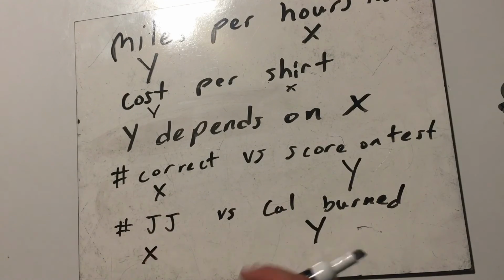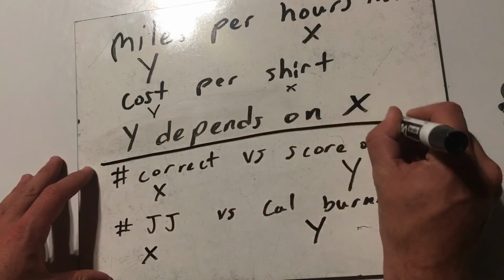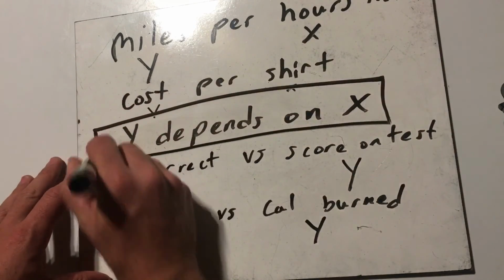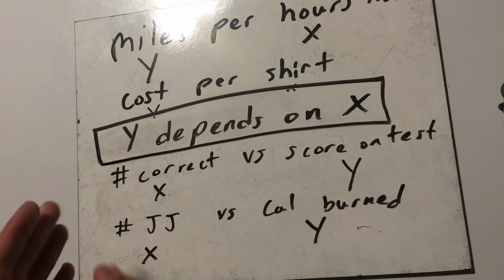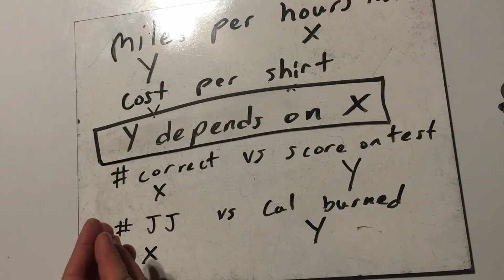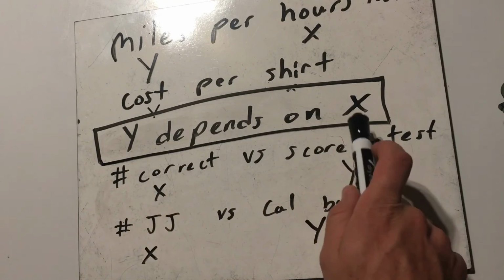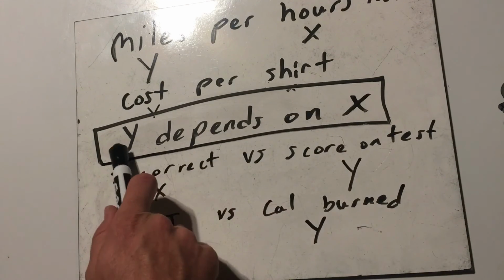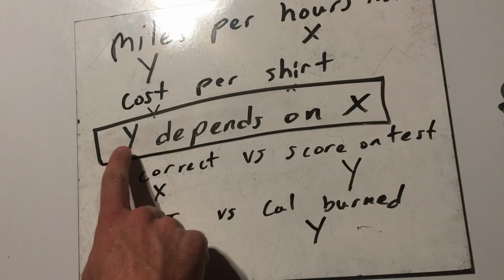So when you're looking at any word problem in any situation, see if you can remember this phrase. Y depends on X. What is your Y and your X? What needs to happen first in order for you to get your outcome? You have to press the button to get the soda, right?